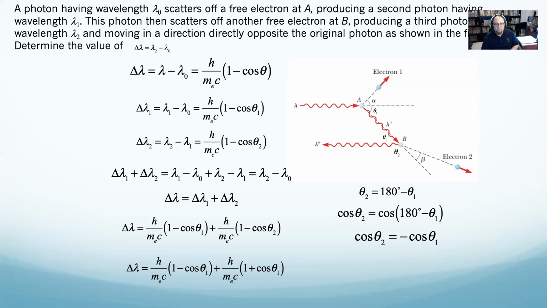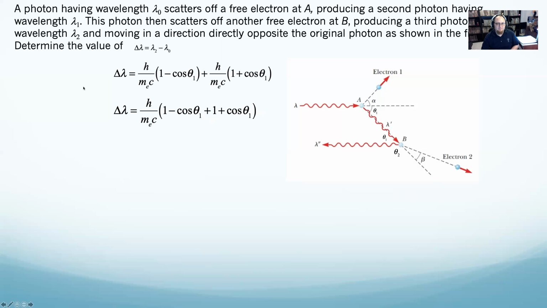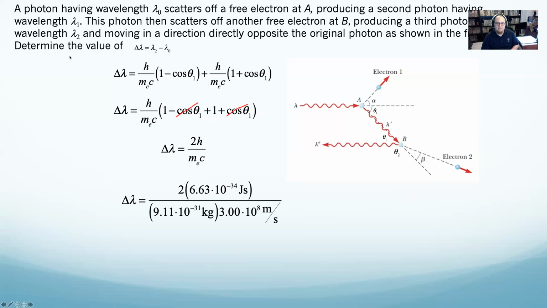With that equation, h over m_e c is the same, so factor it out. It's 1 minus cosine theta 1 plus 1 plus cosine theta 1. The cosine terms cancel out, so it's just going to be 2 times all of this, to which I can simply plug in and get an answer.